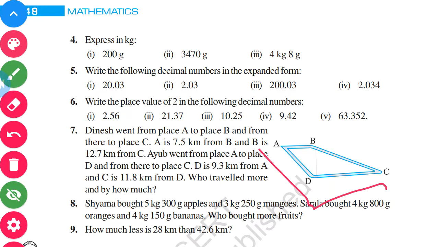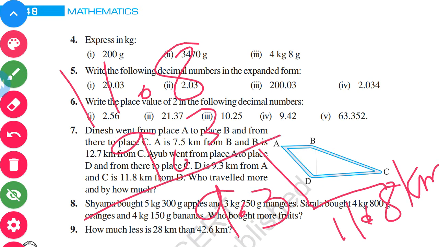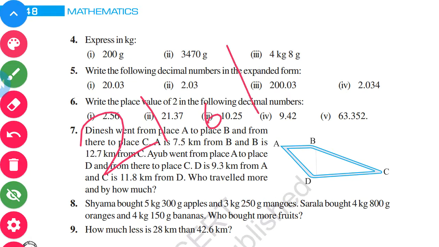D is 9.3 kilometer from A. So 9.3 from here, and from C to D it is 11.8 kilometers. Just need to add 11.8 and 9.3. What are you going to get? 1, carry 1, so it is 11, carry 1, 12, 21. So you will get something around 21.1.